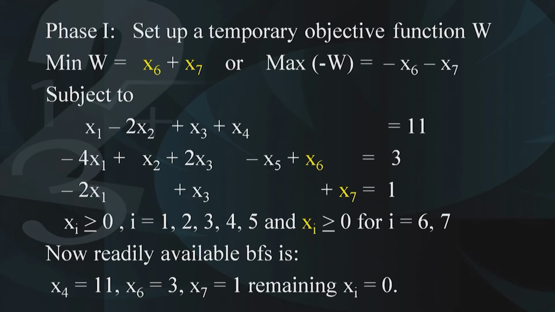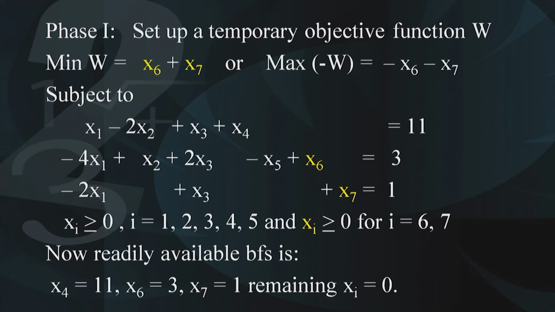We will solve this with the help of the simplex method, but before we do that we need to convert the objective function into the maximization form, and for that we convert the objective function as minus w equal to minus x6 minus x7. I hope you have understood.